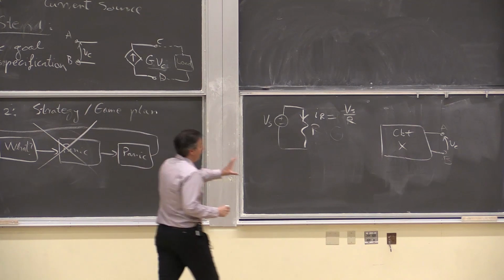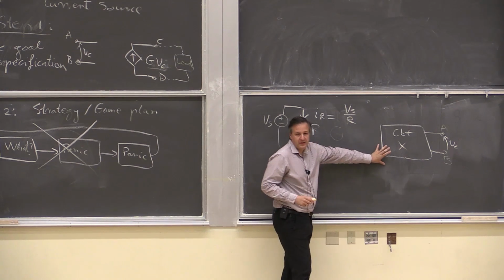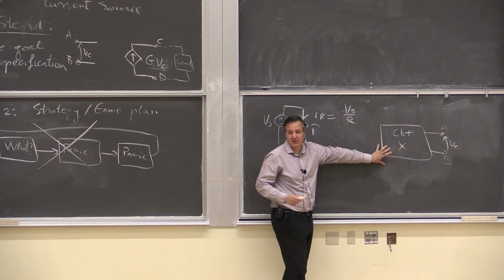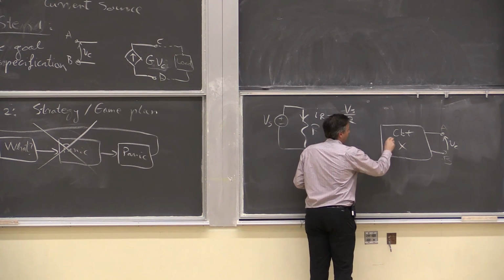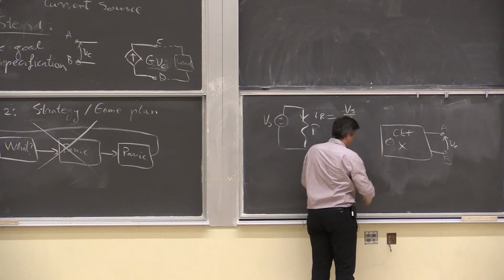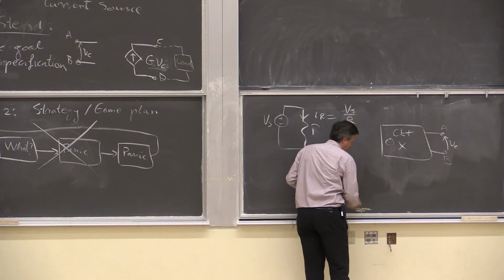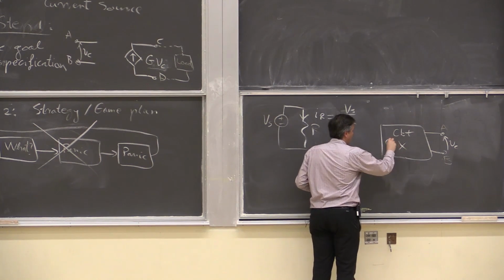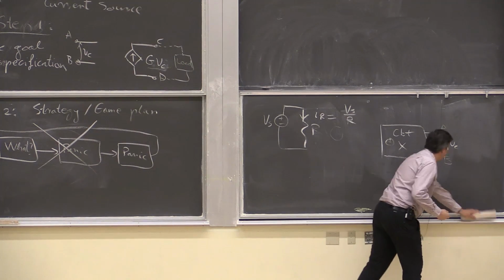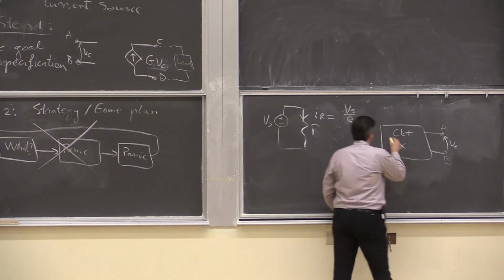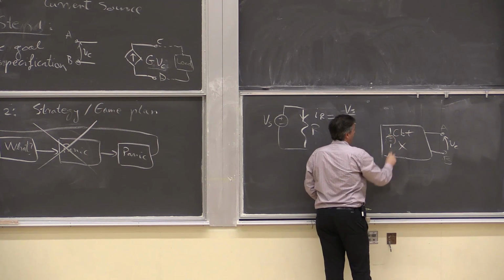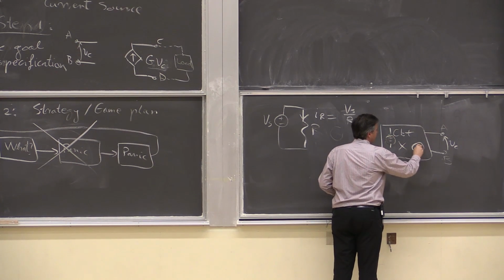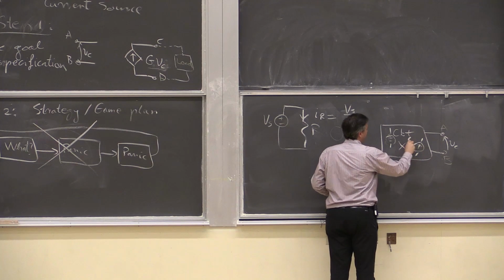So how can I model this circuit for the purpose of my design? I know that inside there are some voltages, some current sources, some resistors, right?